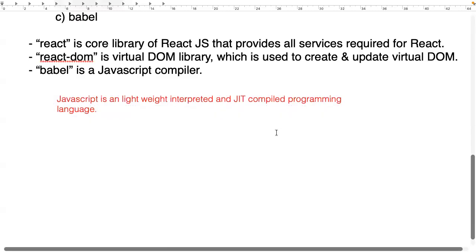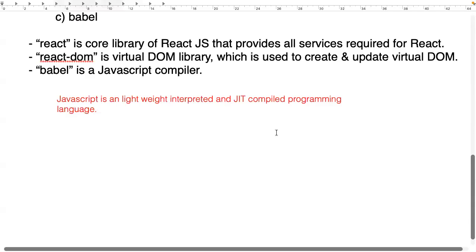This is the official definition of JavaScript from the people who built JavaScript. So, JavaScript can be translated line by line; that is interpreted. JavaScript can be translated with a compiler also, where all lines in the program can be translated at a time.